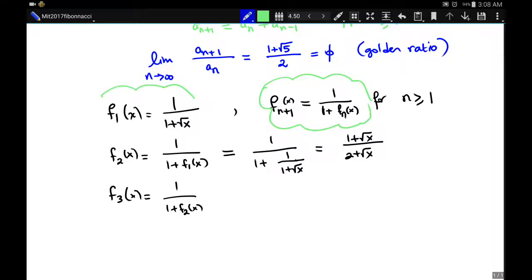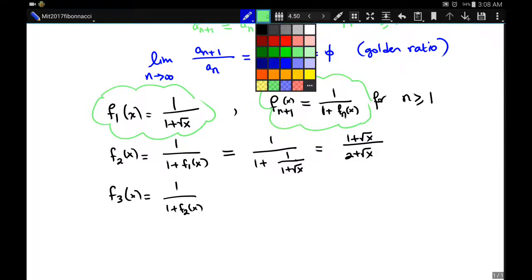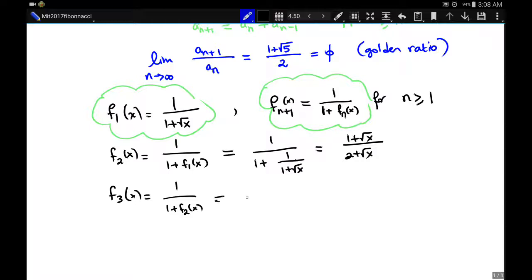We plug in f2 here, so 1 over 1 plus (1 plus root x) over (2 plus root x), and you can simplify this to (2 plus root x) divided by (3 plus 2 root x).